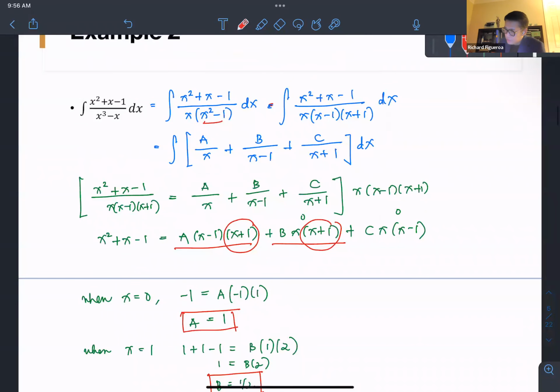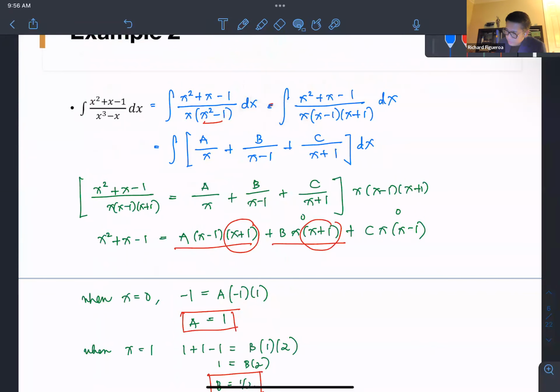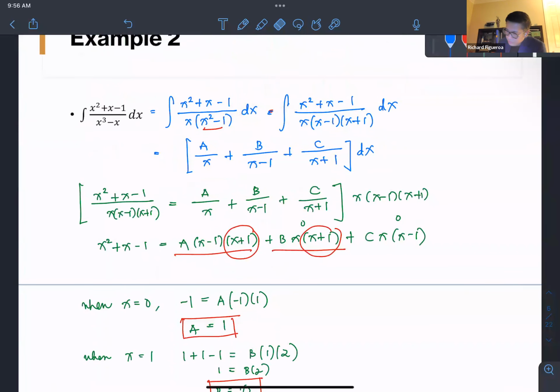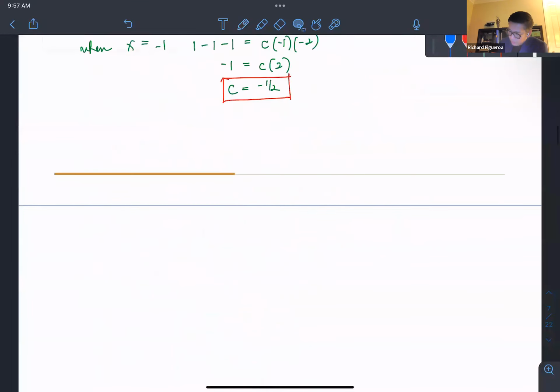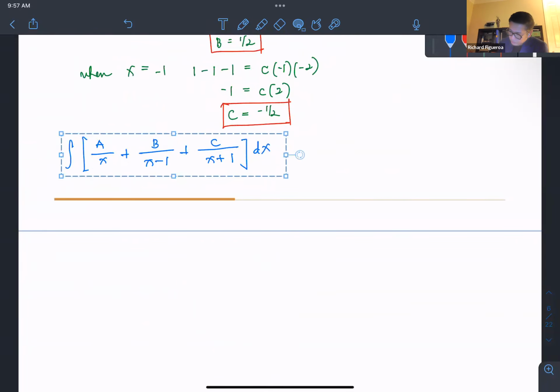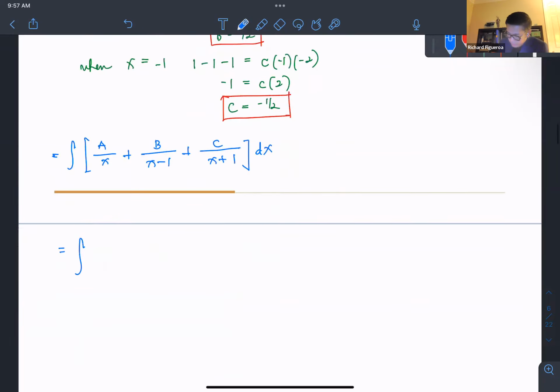I have all of those, so I can now just copy that. What is A? A is 1, so 1 all over x. B is 1/2, so plus 1/2 over x minus 1.